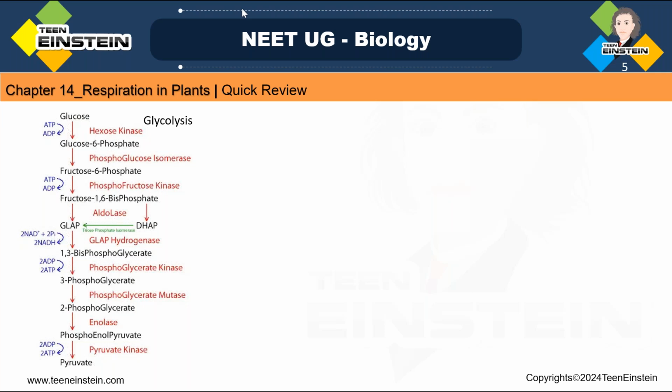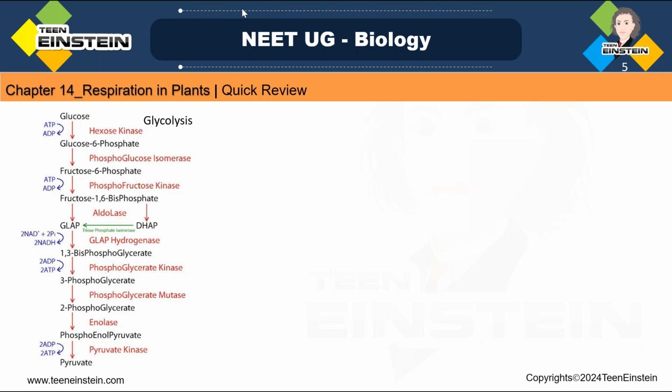In glycolysis, how many ATPs are formed? 2, right? And 2 NADH. 2 NADH is equal to 6 ATP. Here 2 molecules of NADH are formed during glycolysis, so this is equal to 6 ATP molecules. So in total, in glycolysis, 2 ATP is formed and 2 NADH, which is equal to 6 ATPs.